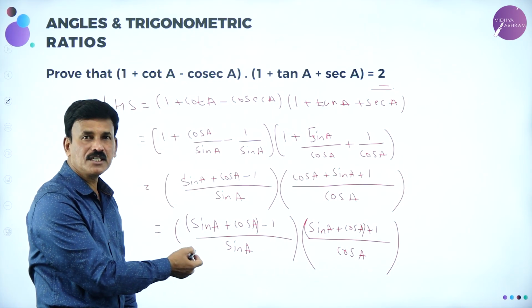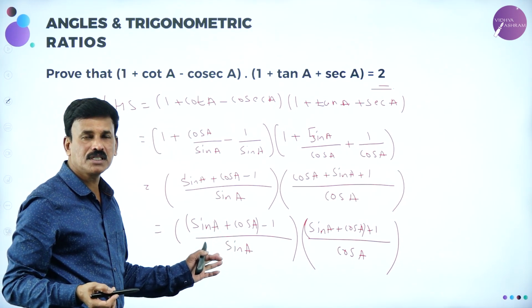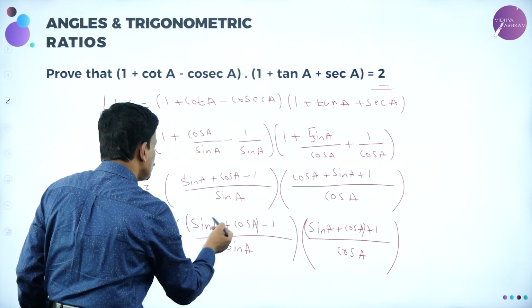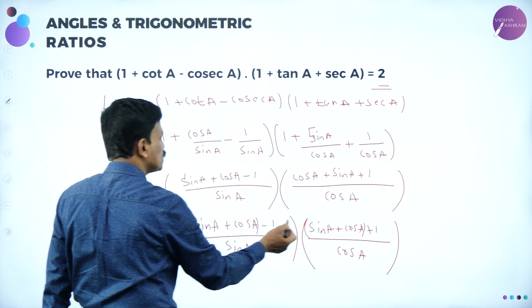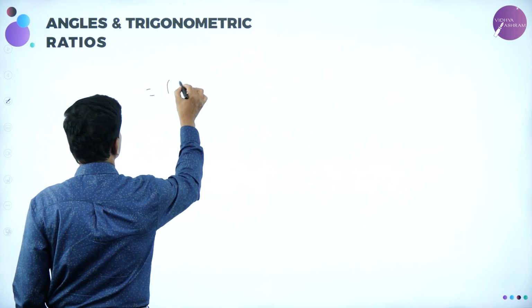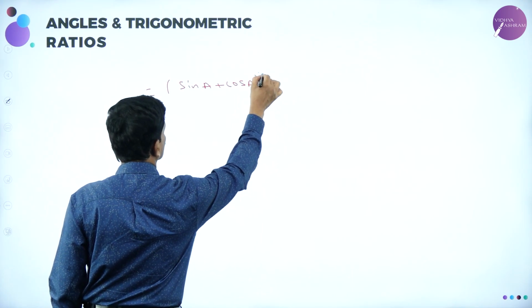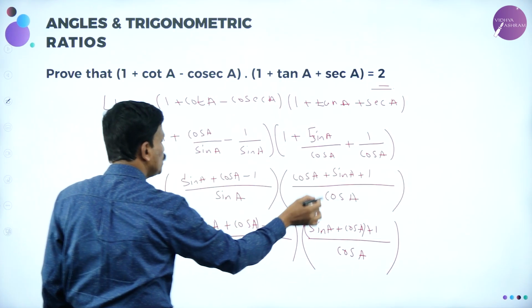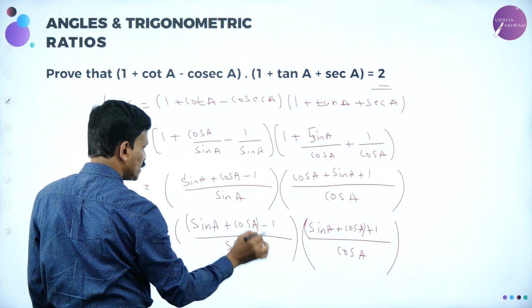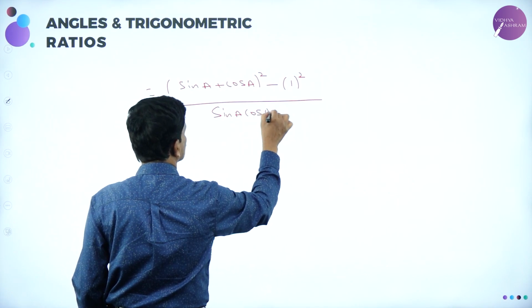In the numerator, A minus B into A plus B is nothing but A square minus B square. Here sin A plus cos A is A. So this is equal to sin A plus cos A whole square minus 1 square, which is 1, divided by the denominator, sin A into cos A. That's it.